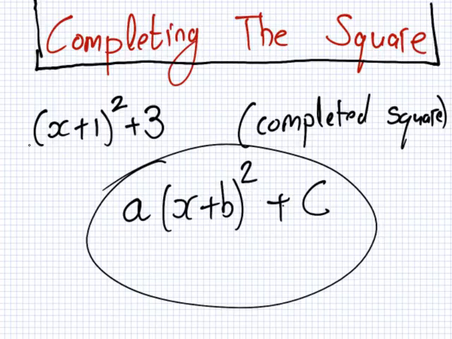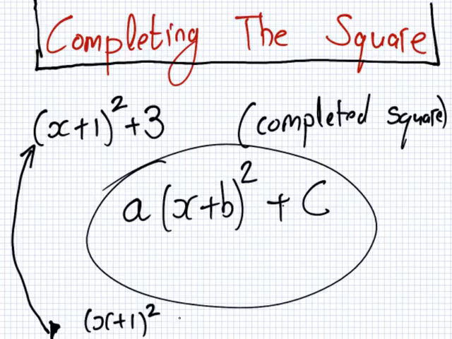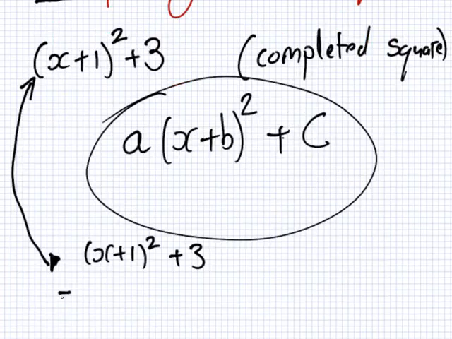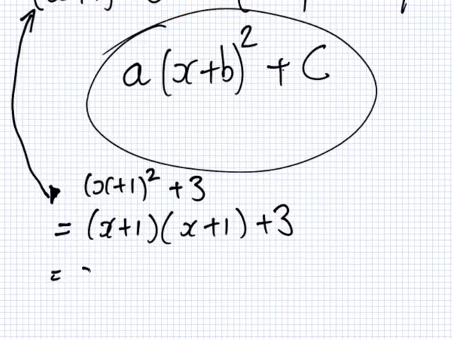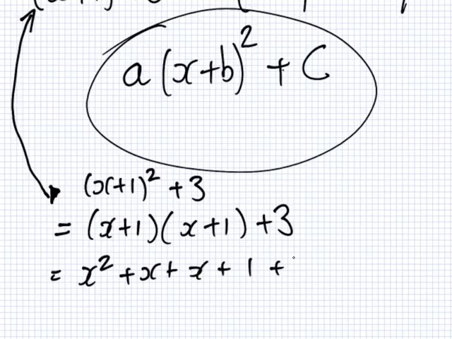So let's have a look at this example here. x plus 1 squared plus 3. That equals x plus 1 multiply x plus 1 plus 3. That equals x squared plus x plus x plus 1 plus 3.